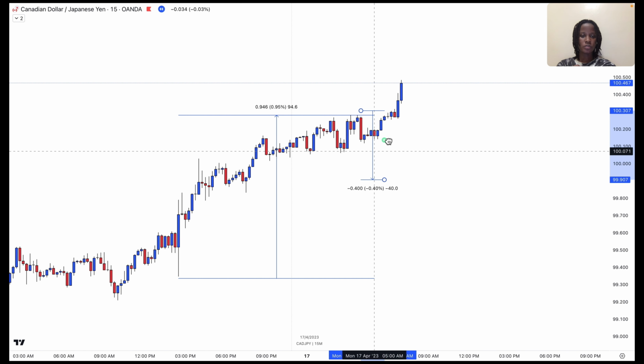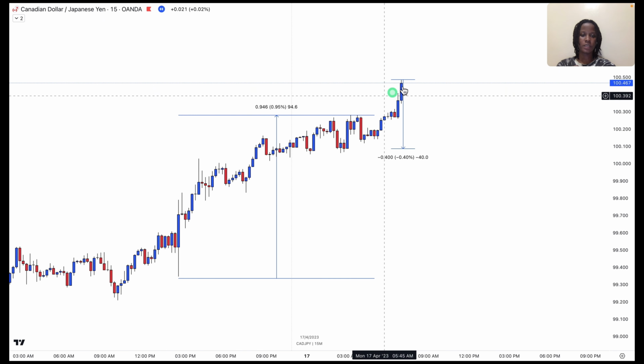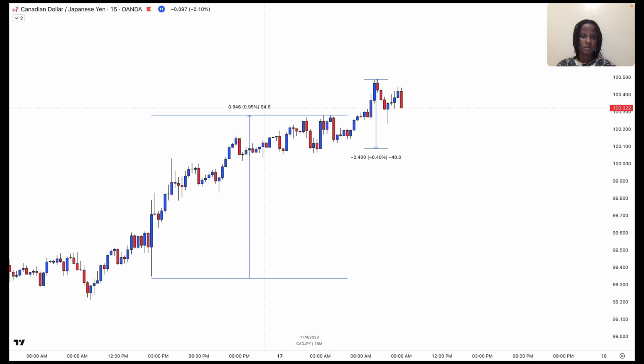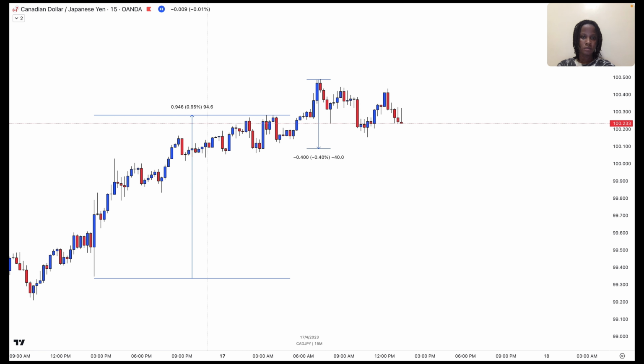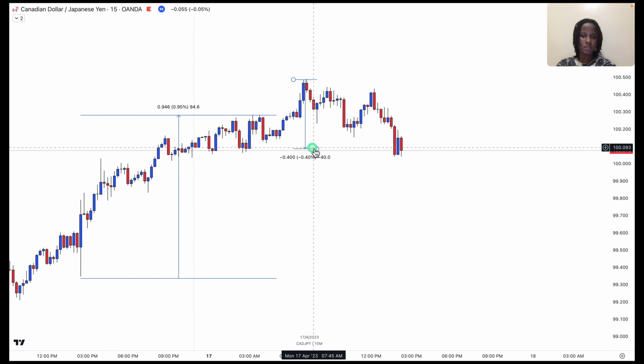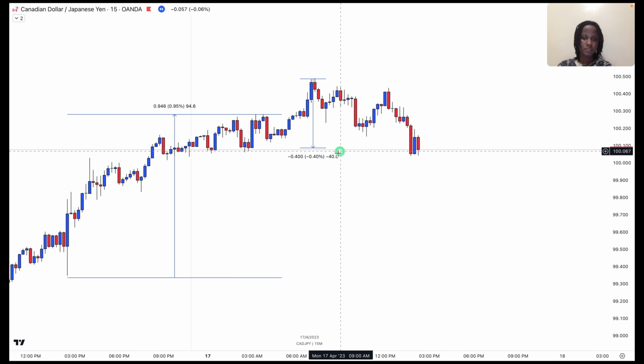So you also have to adjust according to the way the market is going, because the high is no longer here, the high is up here. Let's see. Okay, there you can see we already have a 40 pips retracement.